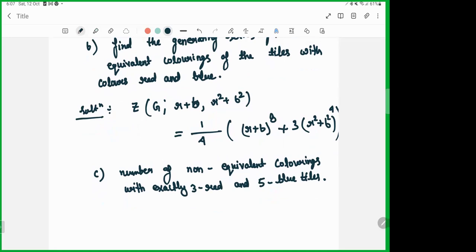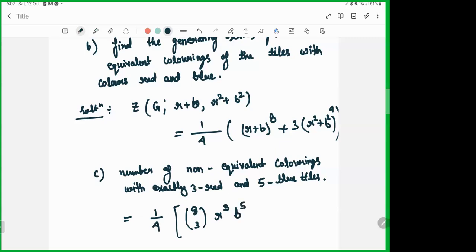So what is the coefficient? It will be 1 by 4 times 8 choose 3 from (r plus b) to the power 8, giving r to the power 3, b to the power 5.